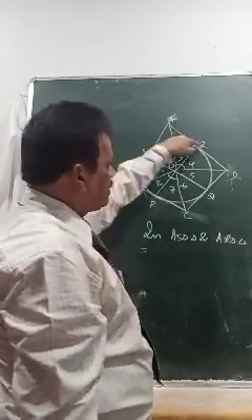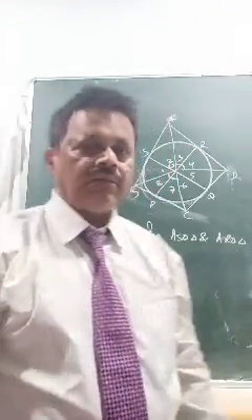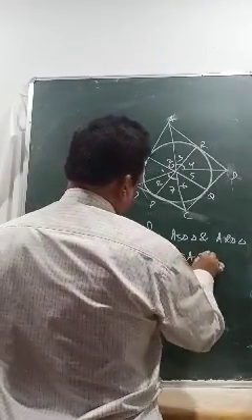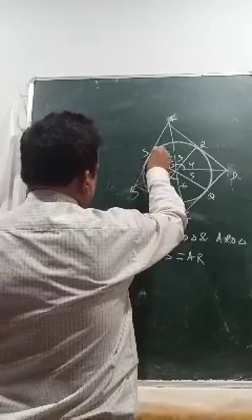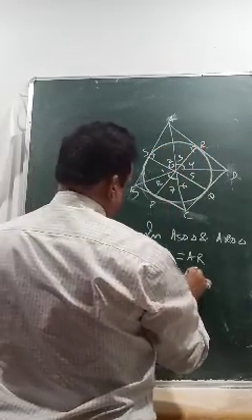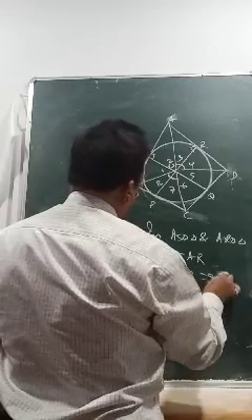AS equals AR, because tangents from an external point are equal. Then this is 90 degrees. Angle S equals angle R, 90 degrees.